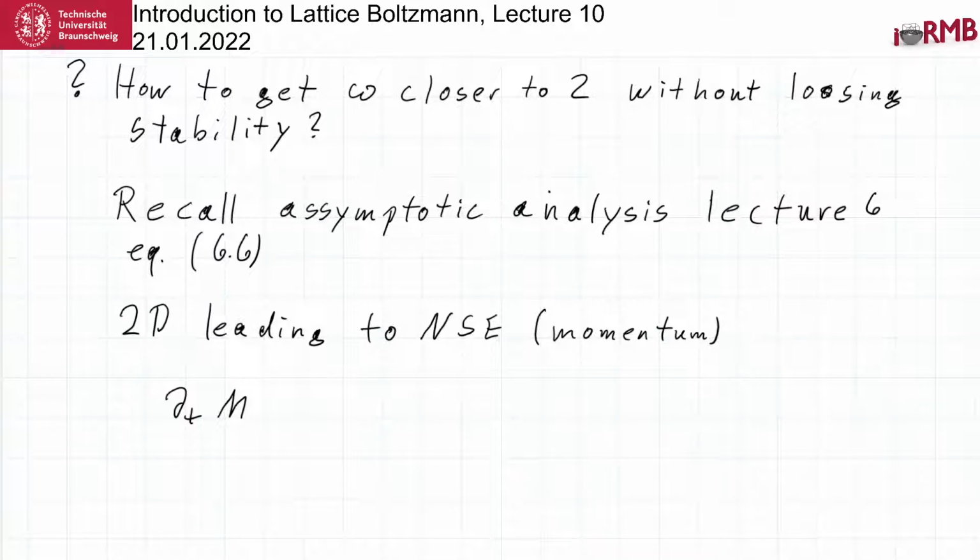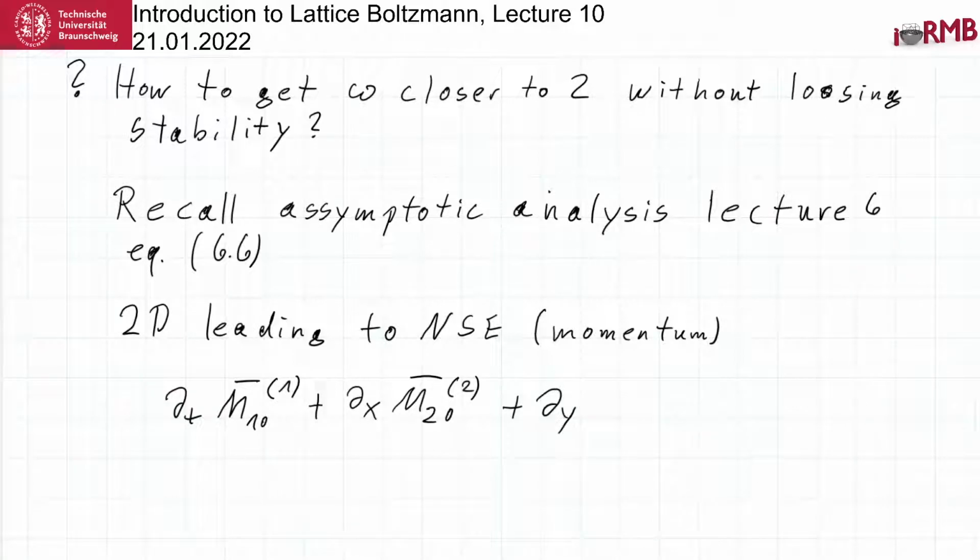So this was the time derivative of the first order moment m10, the thing to first order, and this plus the spatial derivative of the second order moment m20 with a bar, plus the other spatial derivative of the moment m11.